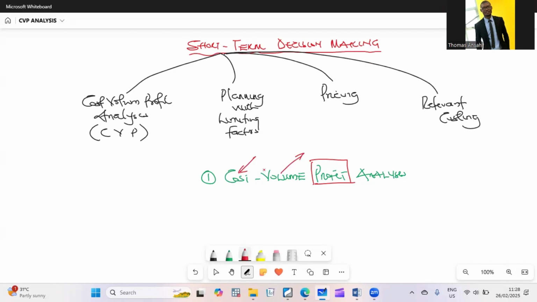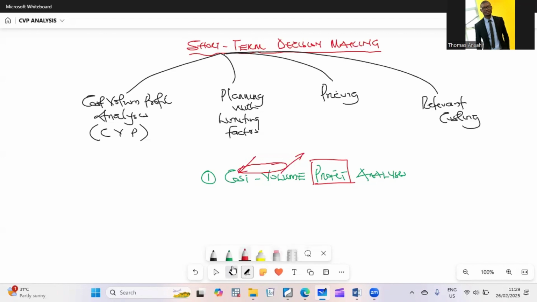Basically, that is what it is. So studying the relationship between your cost and your volume and the impact it has on profit is what we term as the CVP analysis. All right. So we're going to take our time to look at the whole concept of CVP, come up with our formulas, and also know how to deal with it in a single state and in a multi-state.